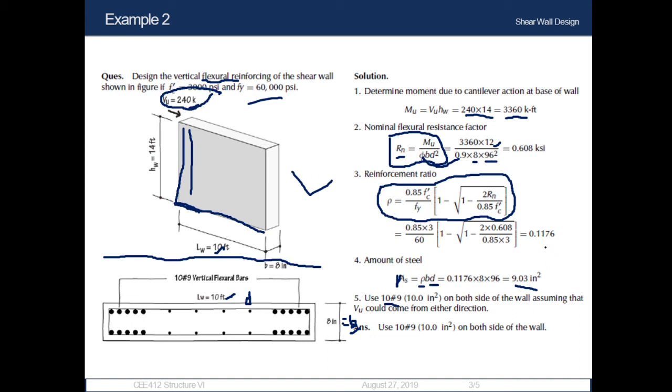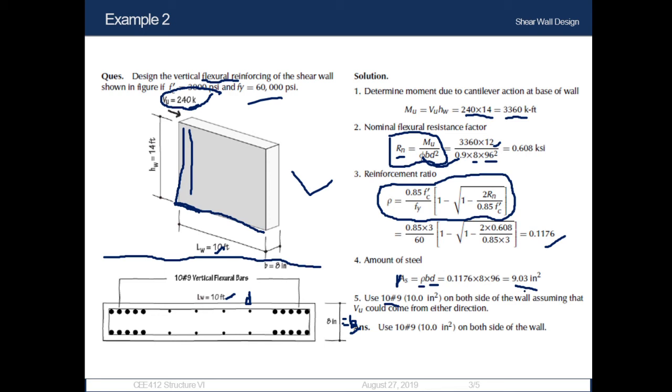From the reinforcement ratio we get the total area of steel required as flexural reinforcement. As we are asked to calculate the flexural reinforcing, we need to use a total area of steel of 9.03 inches square.